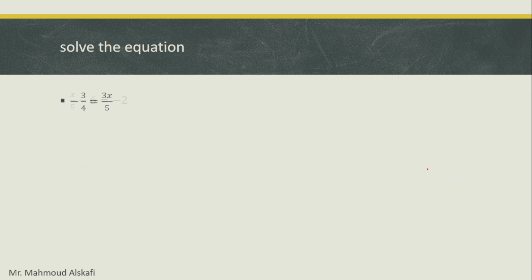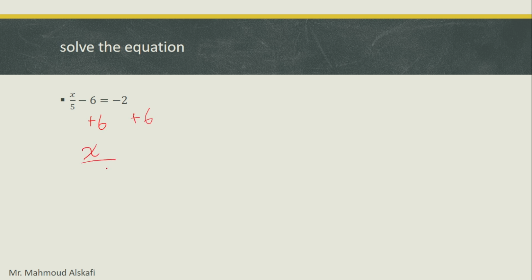Okay, now for the next equation, we have x fifths minus 6 equals minus 2. In this case, first of all, we should add 6 to both sides. So that gives me plus 6, plus 6.